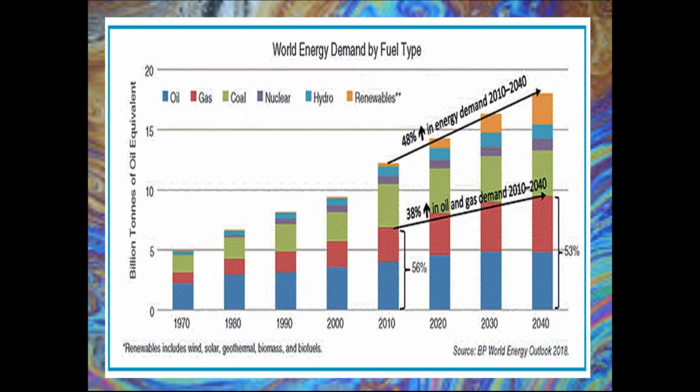This is a graphical representation of world energy demand in terms of fuel type. It involves oil, gas, coal, and also the renewables. You can see the year-wise comparison. Every year the demand for energy is increasing.